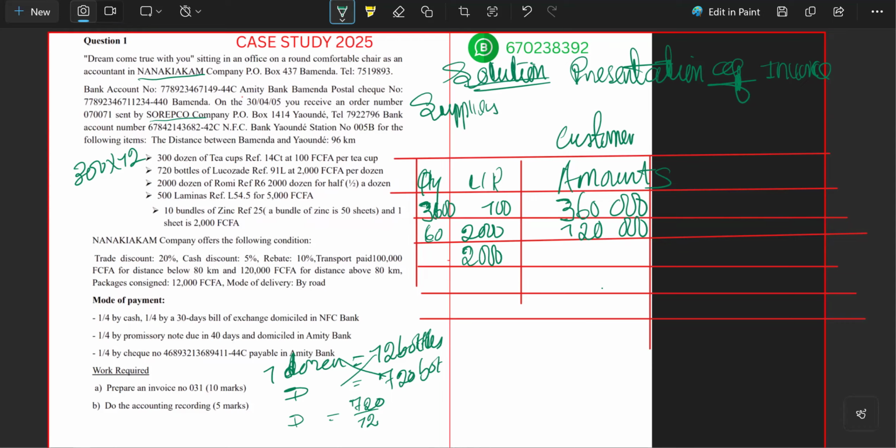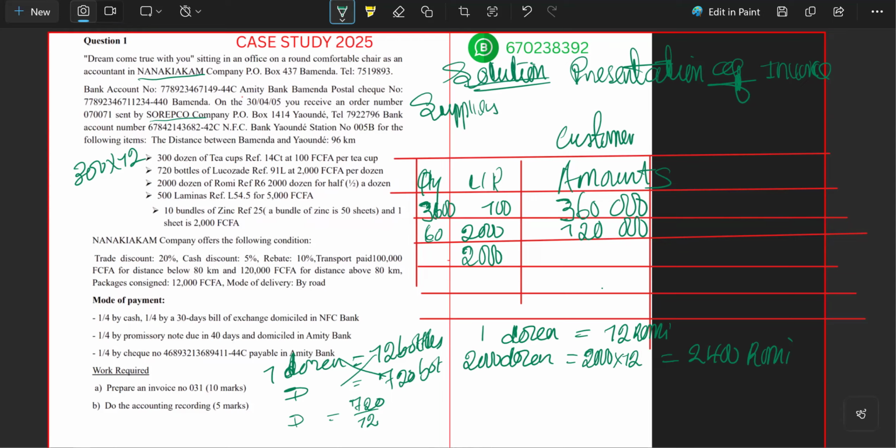I will say, okay, we know that if 1,000 is equal to 12 Romy, okay, 1,000 equals 12 Romy, and then 2,000 dozen will be equal to 2,000 times 12, which will give us 2,400 Romy.